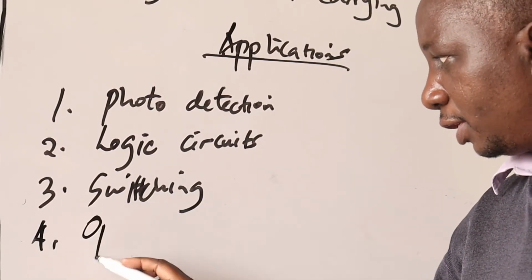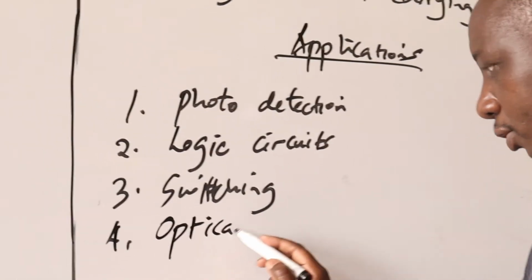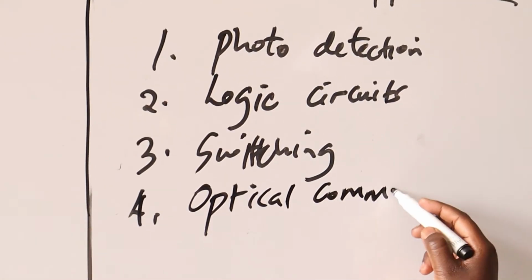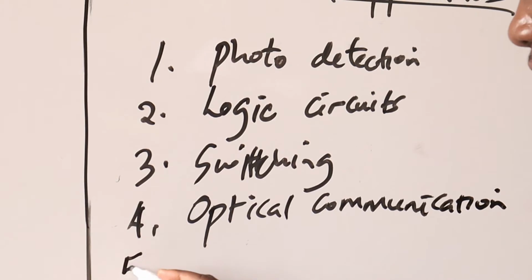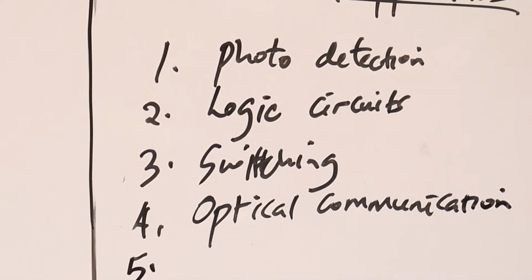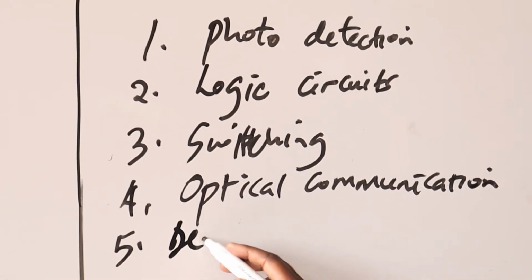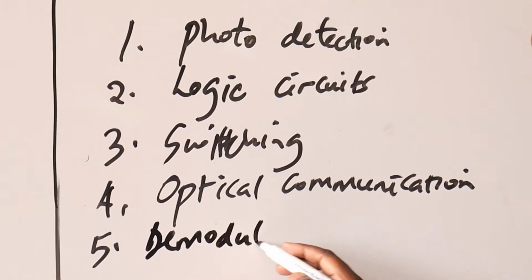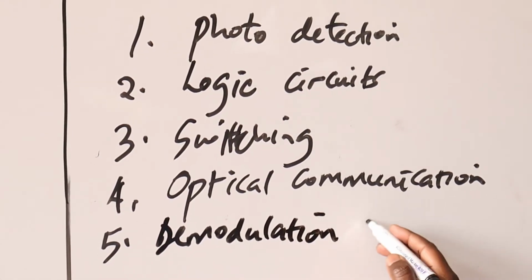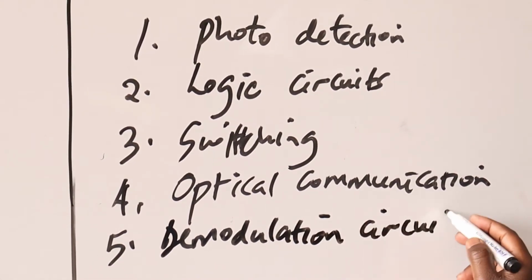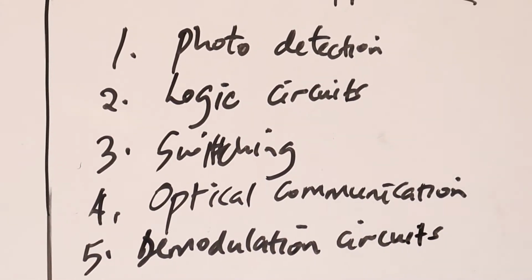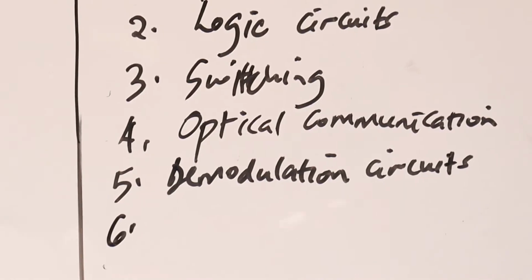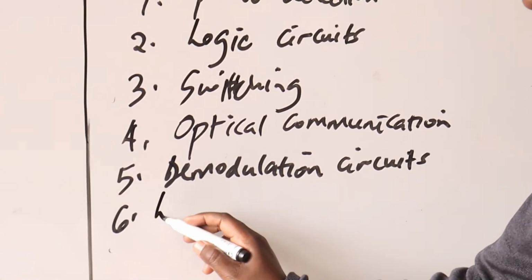There are so many that are normally repeated. Number five, we're talking of the demodulation circuits. And lastly, number six, I cannot write everything, and we shall discuss anything. We'll talk of the encoders also.